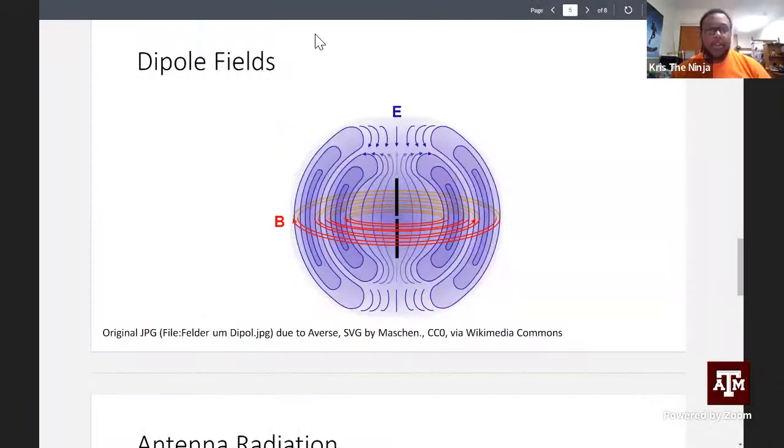If you look at this image right here, you can see how the waves warp as they move further away.